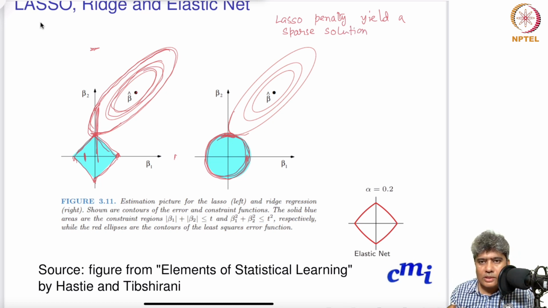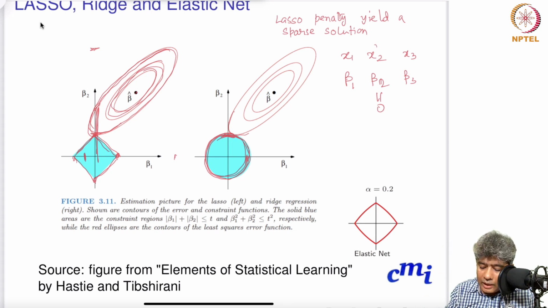What I mean by sparse solution is, if I have x1, x2, x3, and that means corresponding coefficients beta 1, beta 2 and beta 3, if any of them becomes 0, the solution itself will tell me that yes, it is exactly 0. That means automatically I am dropping that predictor from the model.